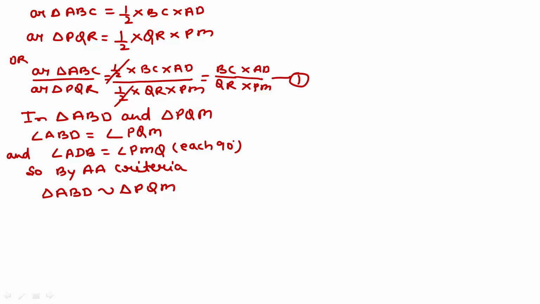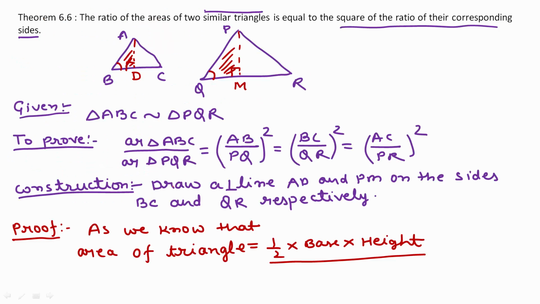If both triangles are similar, their corresponding sides will also be in proportion.